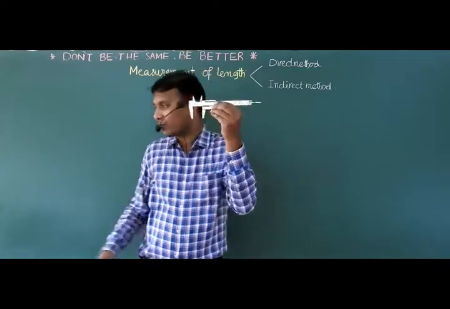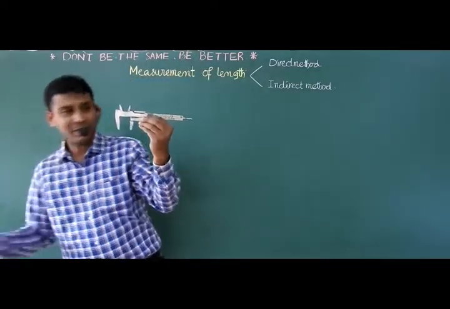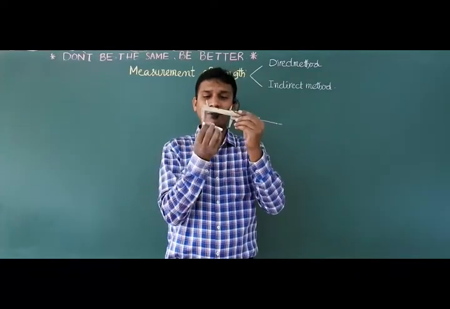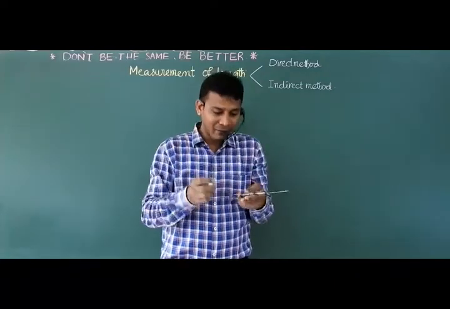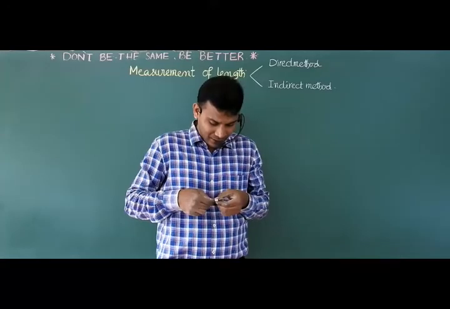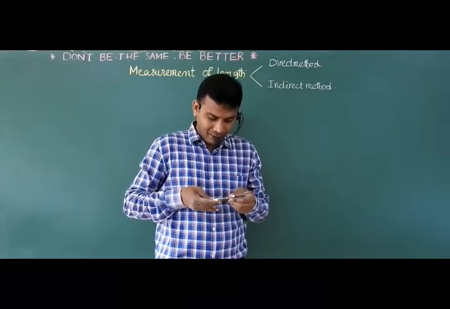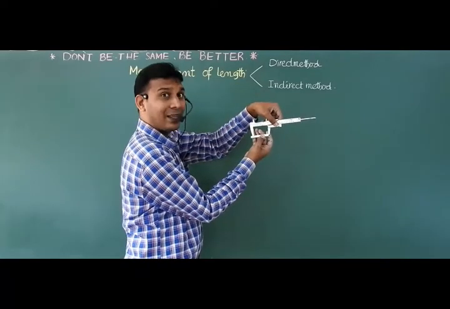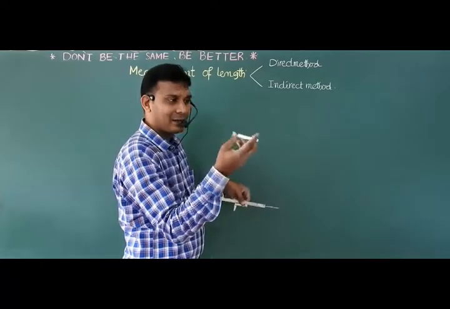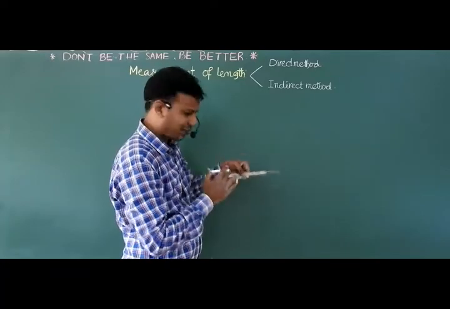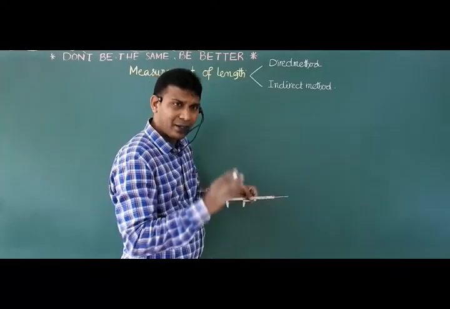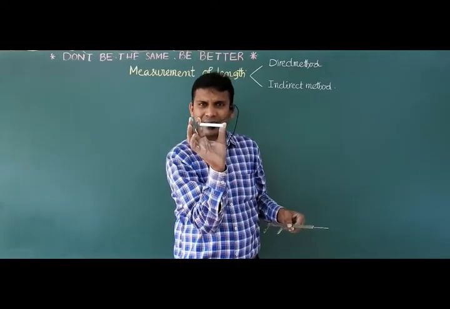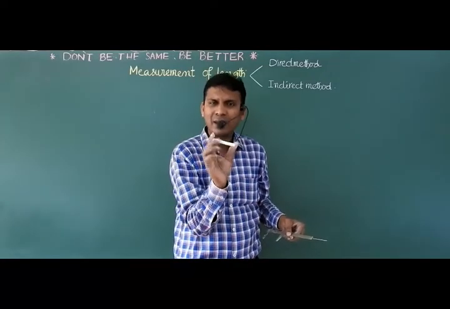With the help of this vernier calipers, one can find the length of the cylinder. A chalk piece is a cylinder. So to measure small distances, such as the length of a cylinder.